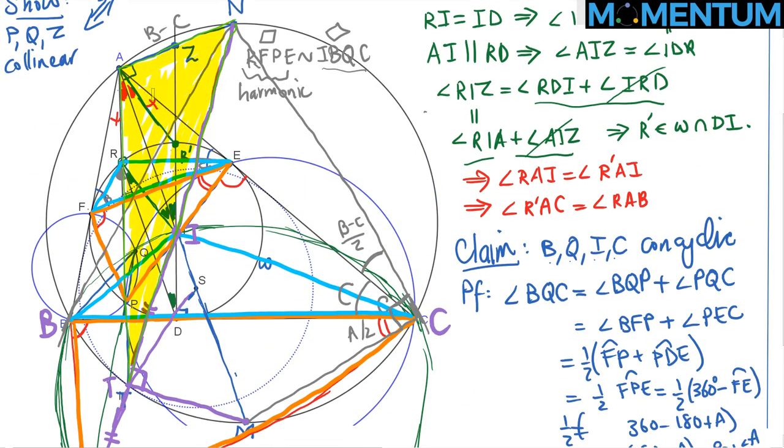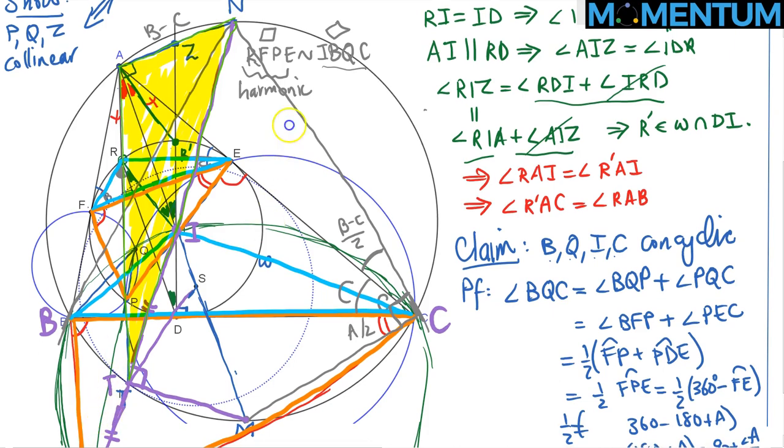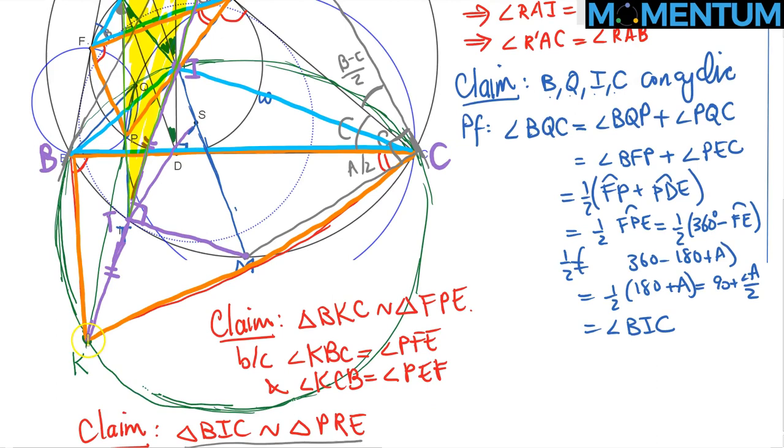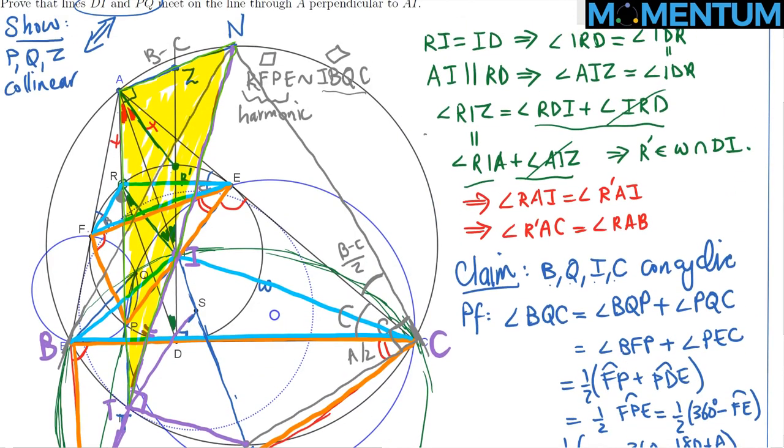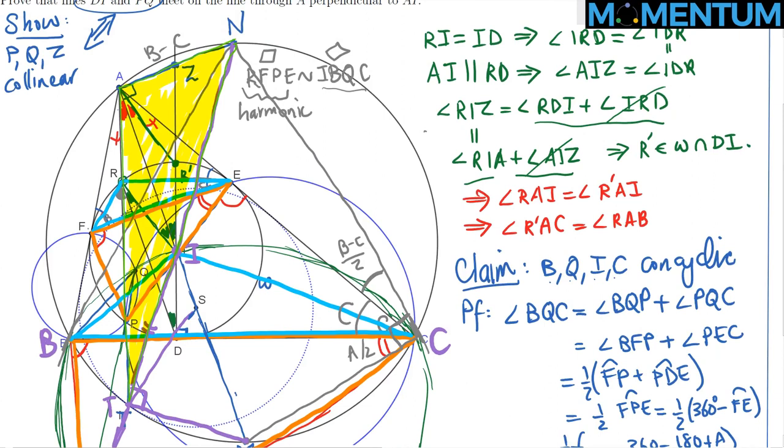So if we can show that K, P, Z are collinear, that would establish that P, Q, Z are collinear, and we are pretty much done. Because we already know K, P, Q are collinear, because that's how we were able to get to the point K. Awesome. So just apply Menelaus on this triangle. Just chase the lengths.